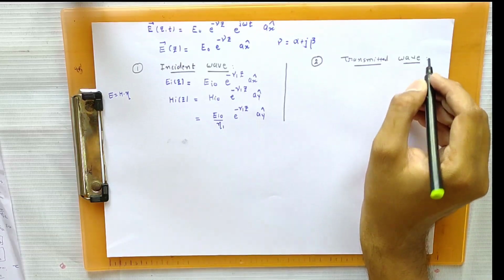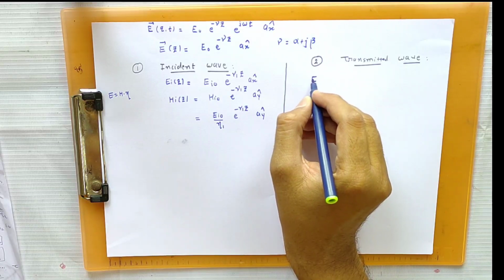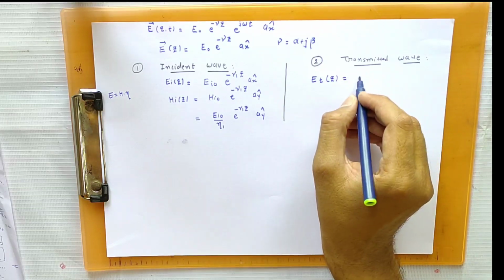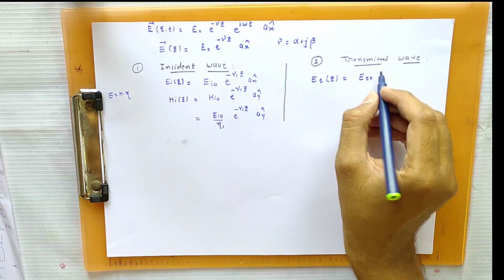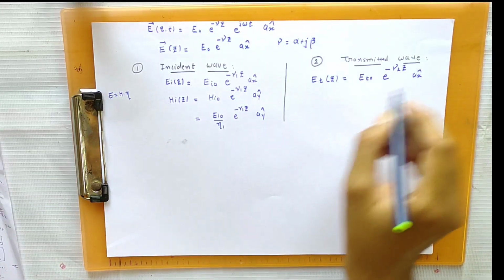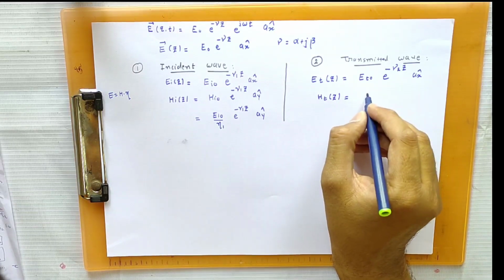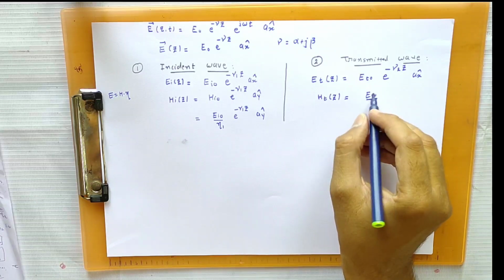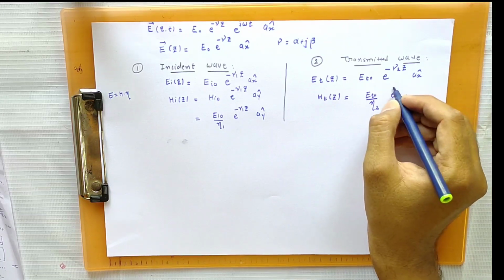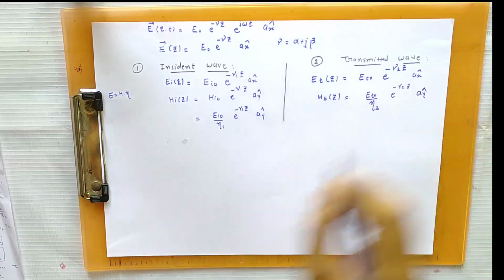Yes, in medium 2, the second medium. So E_T of z, where the subscript T is for transmission, equals E_T0 e raised to minus gamma 2 z a_x. Similarly, H_T of z equals E_T0 divided by the intrinsic impedance of the second medium, eta 2, e raised to minus gamma 2 z, in the y direction.